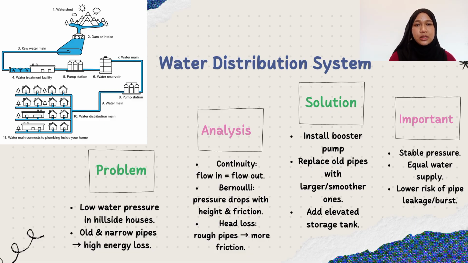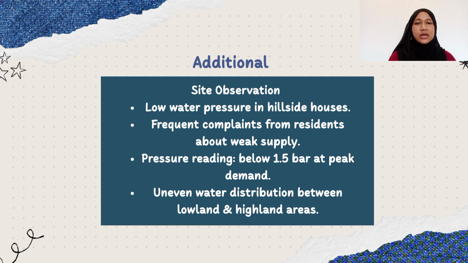To confirm this case study, we carried out site observation. The observations show that residents in hillside houses often complain about weak water supply, especially during peak hours. When we measured the water pressure, it was below 1.5 bar, which is not enough for normal household usage. We also noticed that water distribution was uneven.